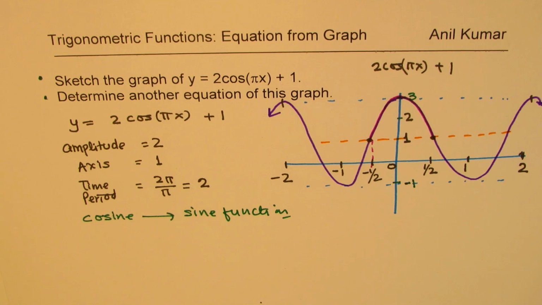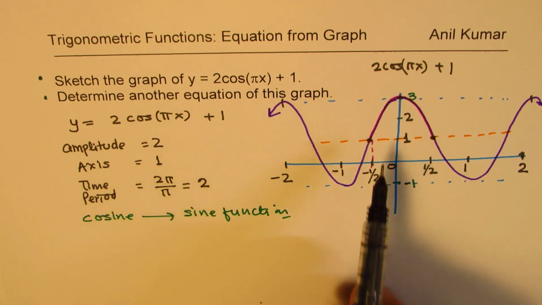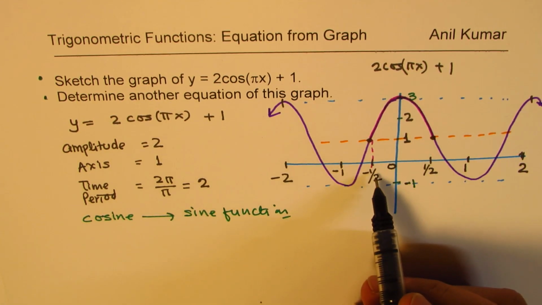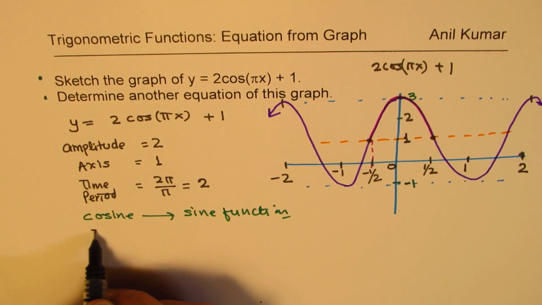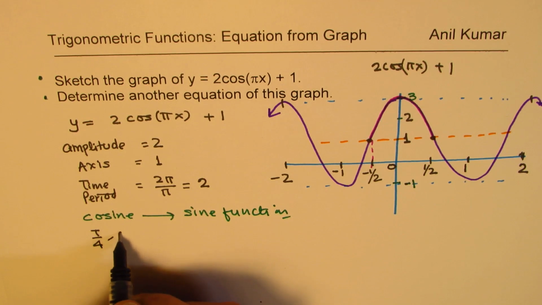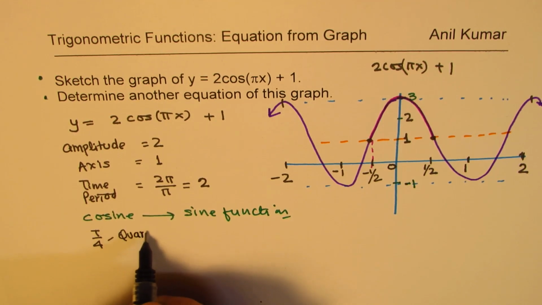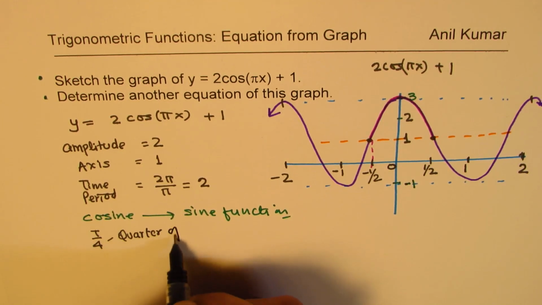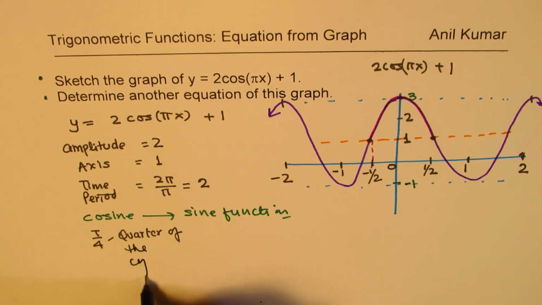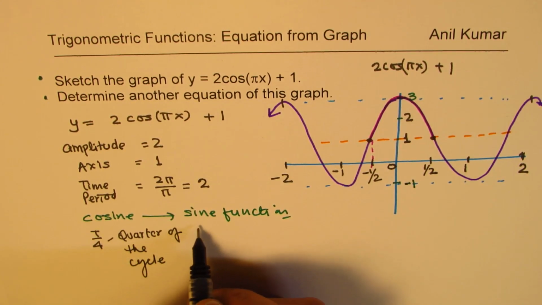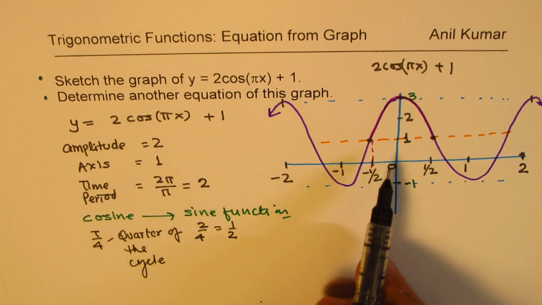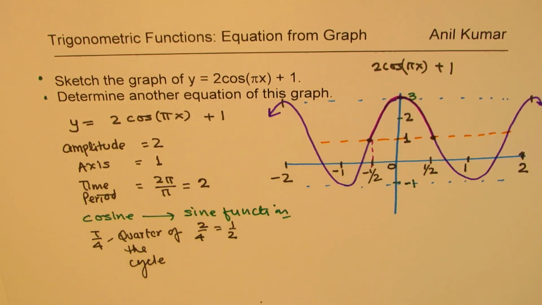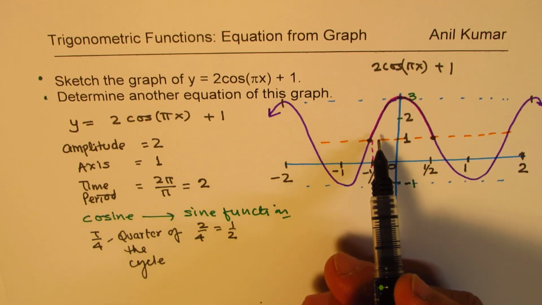Amplitude, time period, everything remains same. This is quarter of the cycle, right? So when we are saying time period is 2, what is T by 4? That is quarter of the cycle. Quarter of the cycle is 2 by 4, which is half, right? So the sine function is translated quarter of the cycle to the left from the cosine, as you can see here.